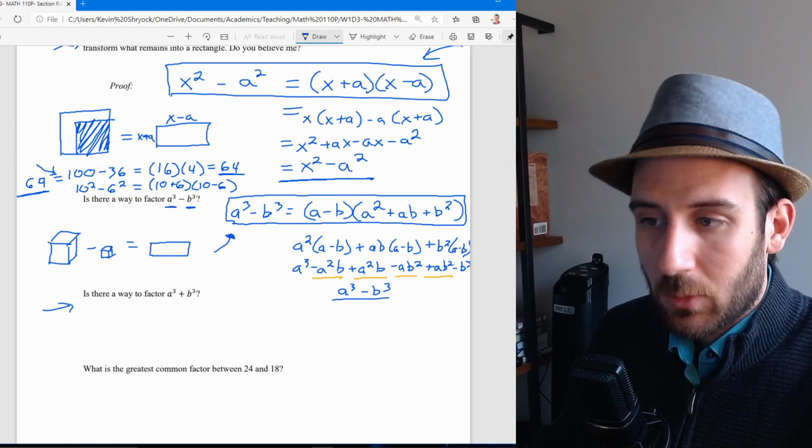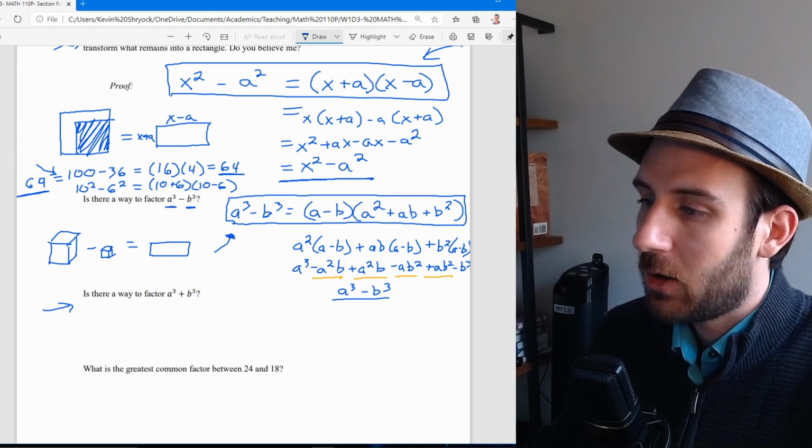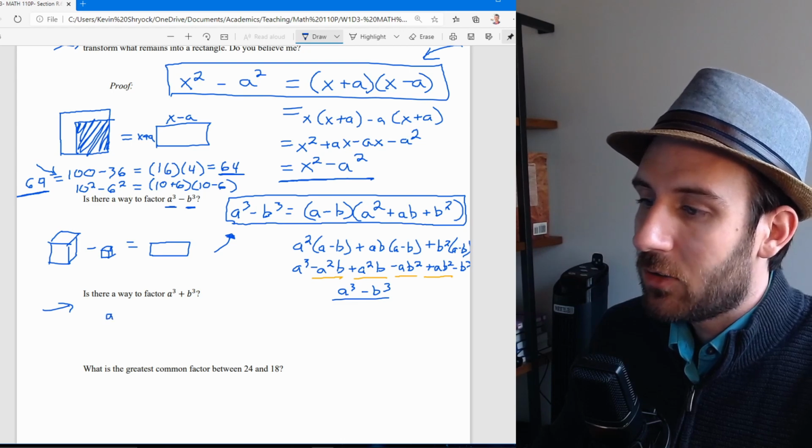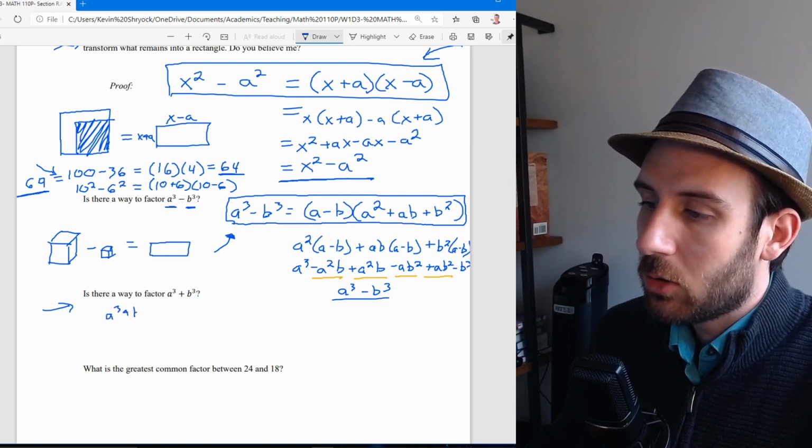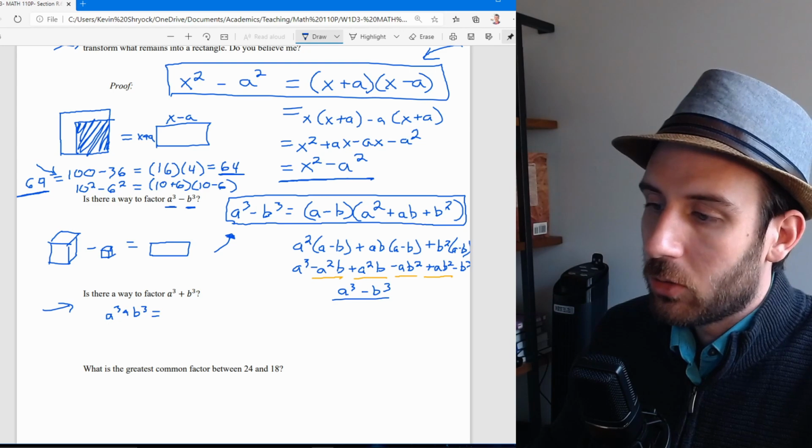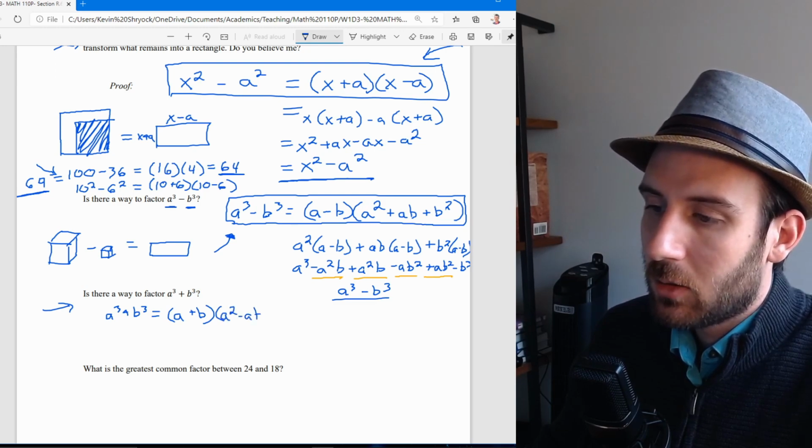But as far as proving it, I want you to practice the same distribution we did above. So the equation is that a cubed plus b cubed is equal to a plus b times a squared minus ab plus b squared.